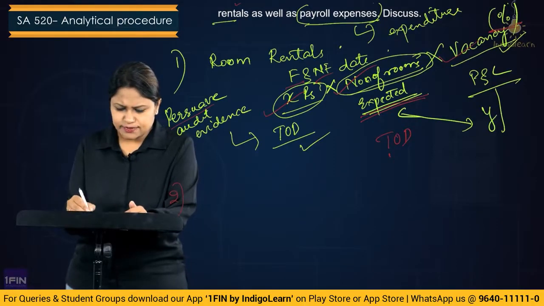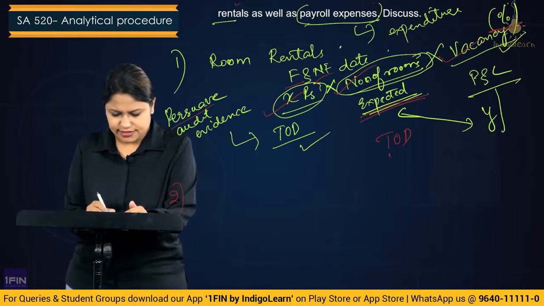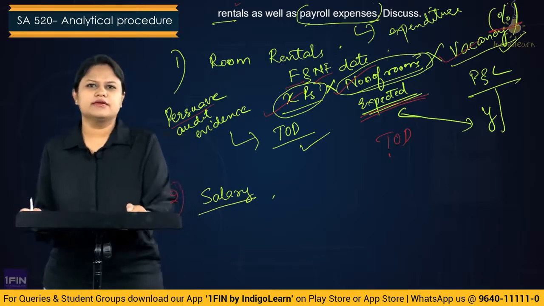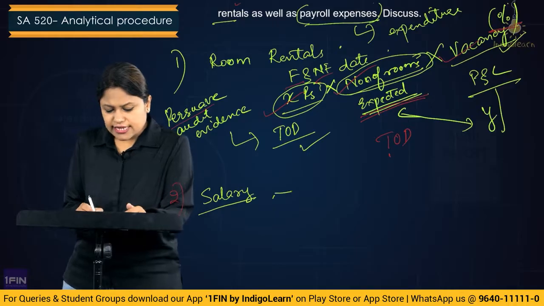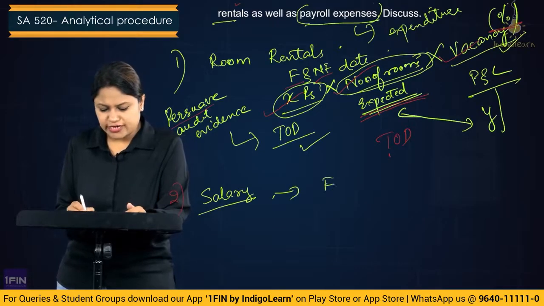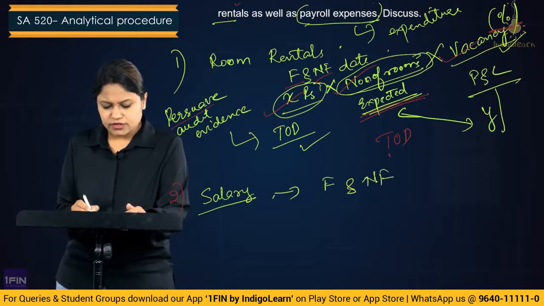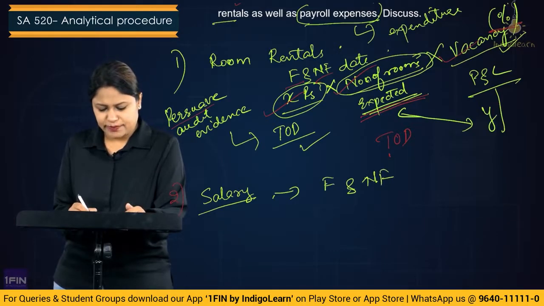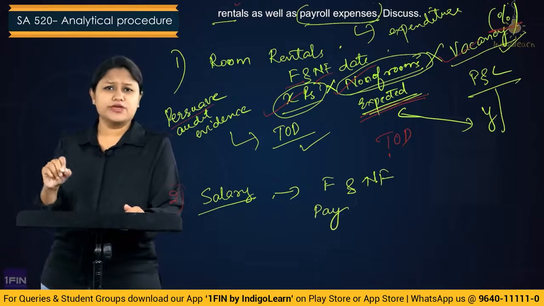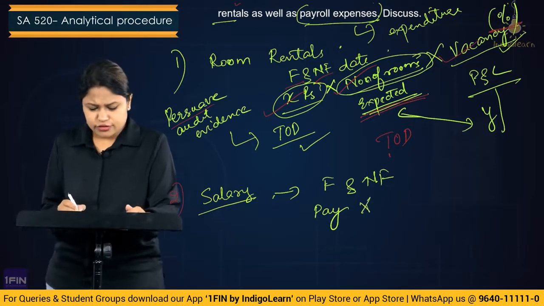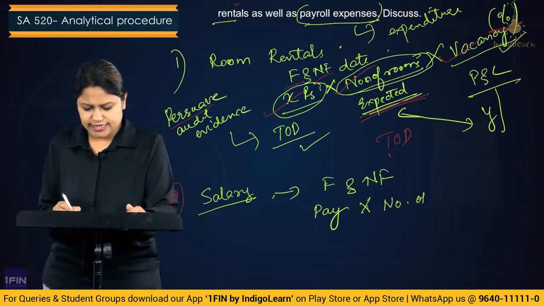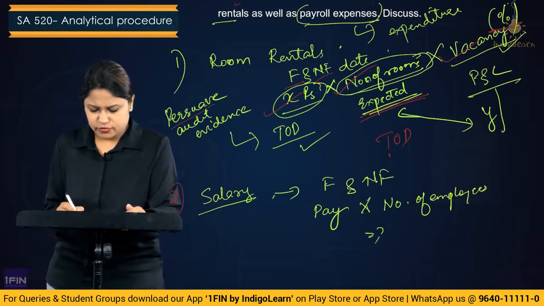The next that they're talking with us is about the payroll expenses. Payroll expenses, in simple language, is about the salary. Correct? Payroll is nothing but employees on your payroll and the salary that you pay. So here also we take into account financial and non-financial data. Where financial, we are going to consider the pay, assuming a fixed pay for every employee, into the number of employees, which is the non-financial data. We do the calculation and come to an approximate figure.